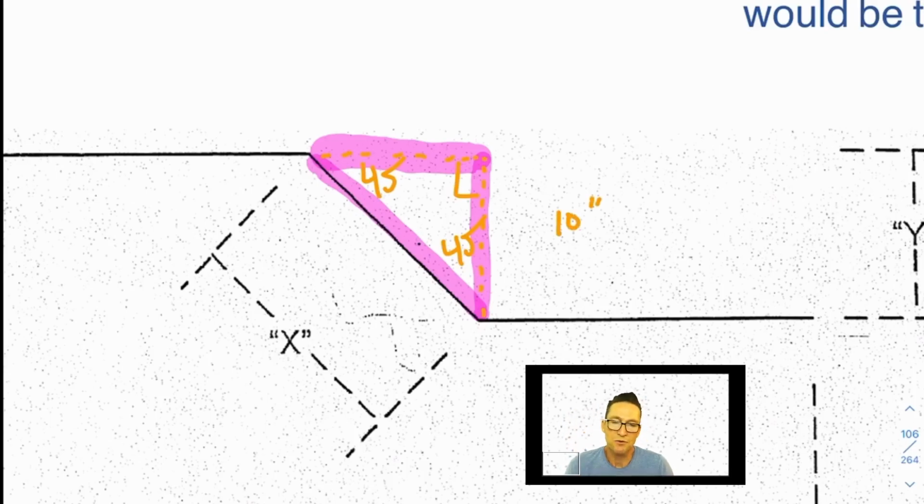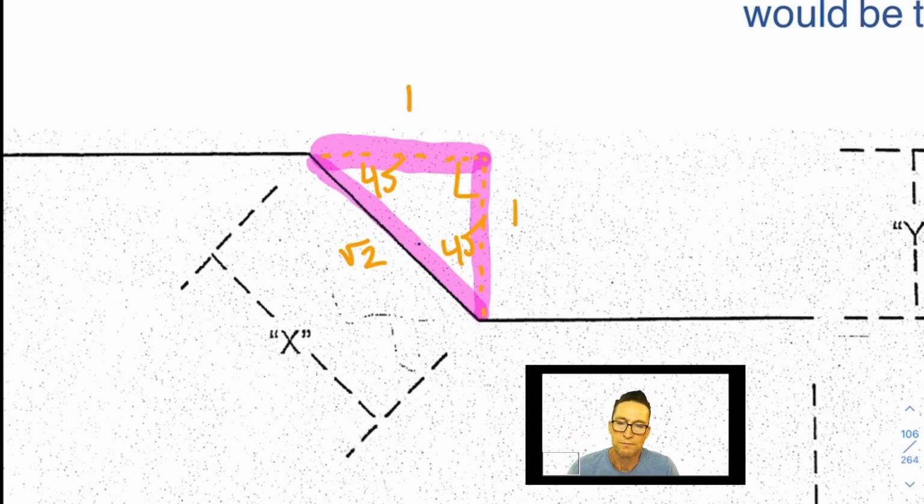Now, when you have a right angle triangle with two equal 45-degree angles, it's very easy to figure out length X, which is actually the hypotenuse, right? The long side of this little isosceles triangle where you have two equal angles. And if you remember from geometry, without even getting into the Pythagorean theorem, which might be a complicated way of solving this problem, this type of triangle with the two 45-degree angles always takes on the shape 1, 1, root 2.